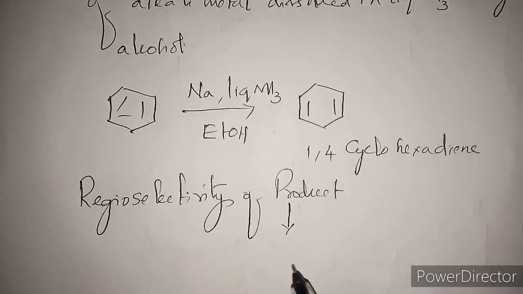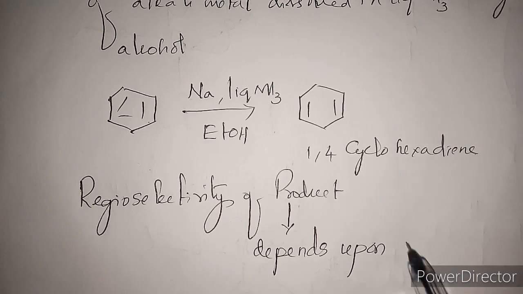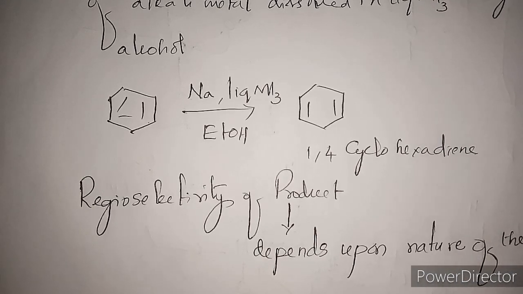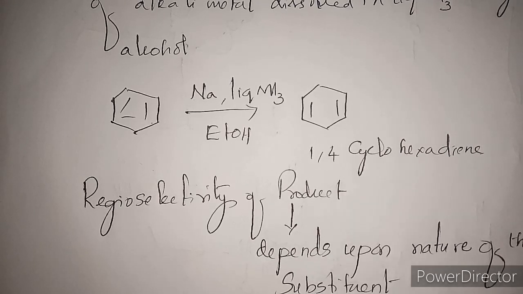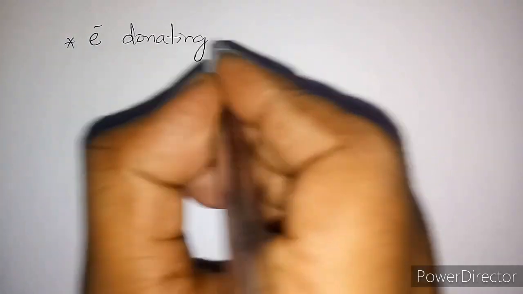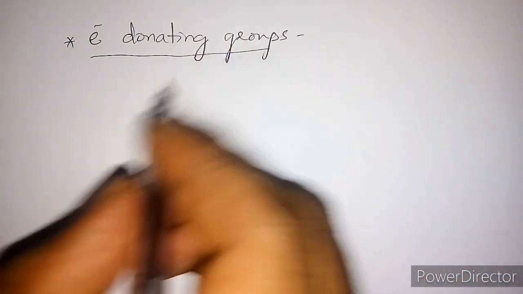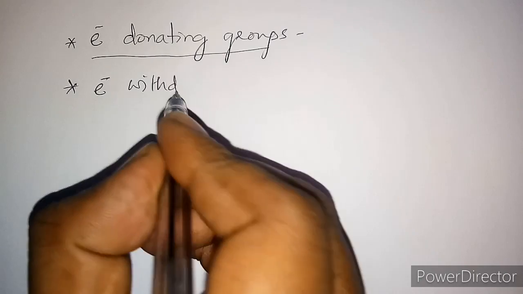That depends upon the nature of the substituent. So the nature of the substituent is of two types. One is electron donating groups, so the aromatic compounds containing electron donating groups, and the aromatic compounds containing electron withdrawing groups.